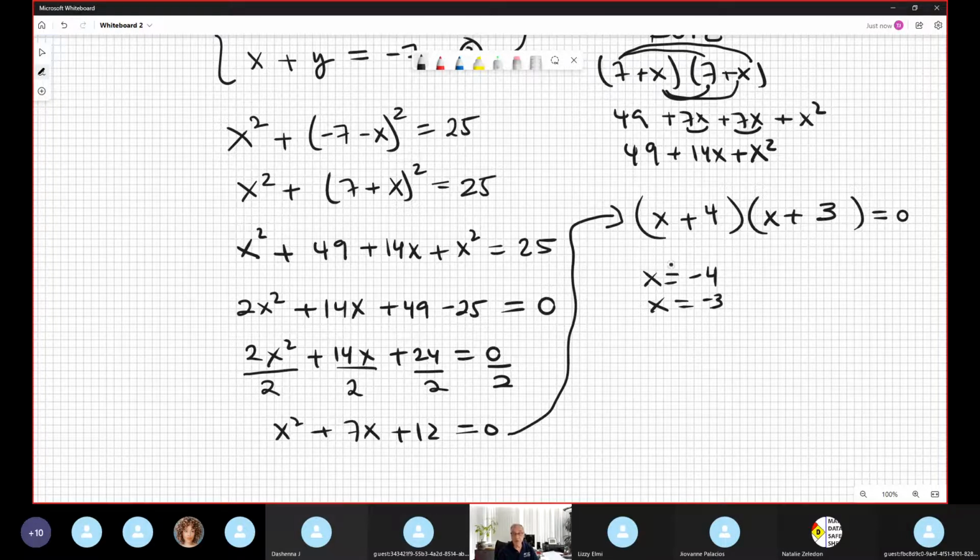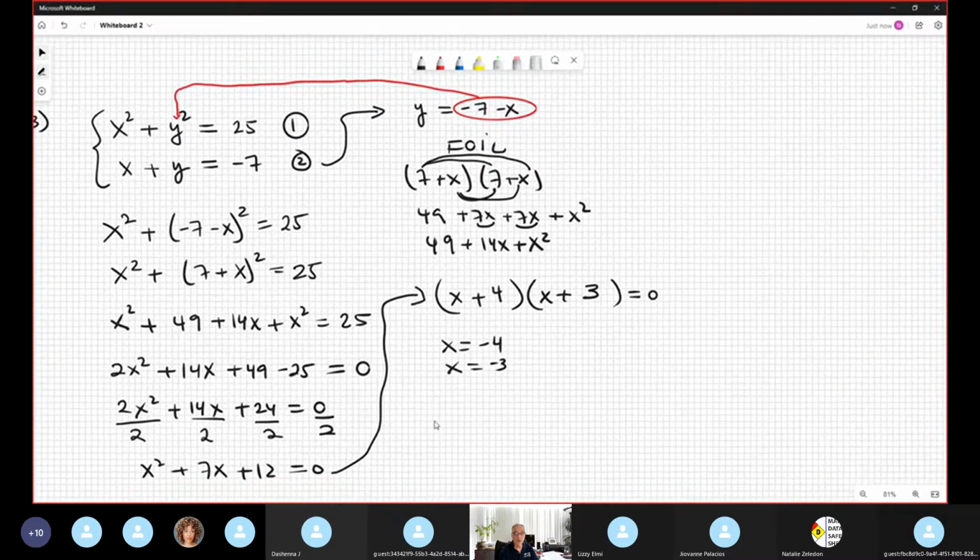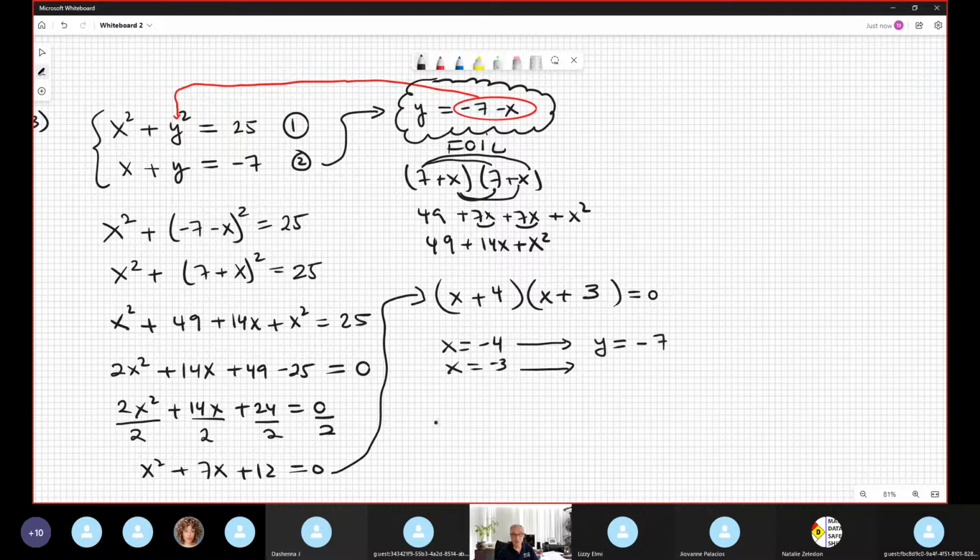Okay, now plugging in in order to find the y value associated with this. Plugging in where? In the original equation that we have. Remember that one. Be careful with the sign. y is equal to minus 7 minus 4.